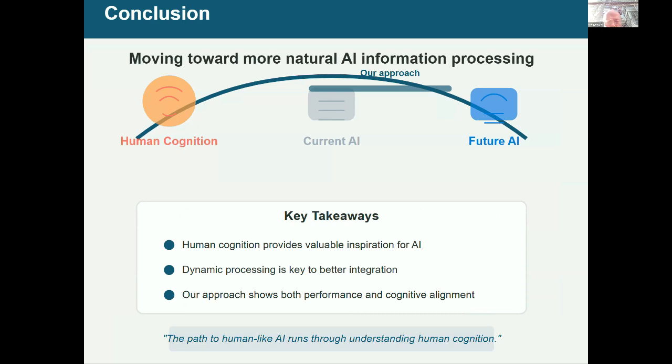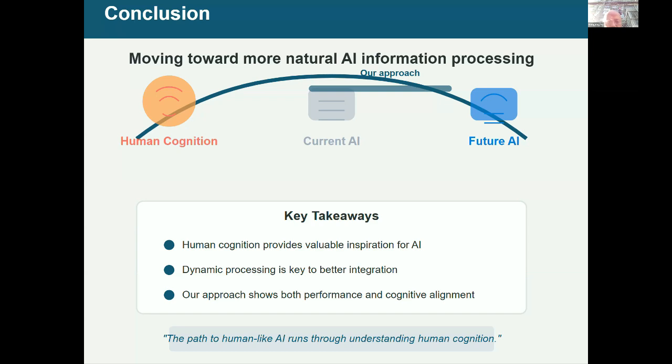Human cognition offers valuable inspiration for improving AI systems. The dynamic, context-sensitive nature of human chunking represents a crucial capability that conventional AI systems have yet to fully replicate.